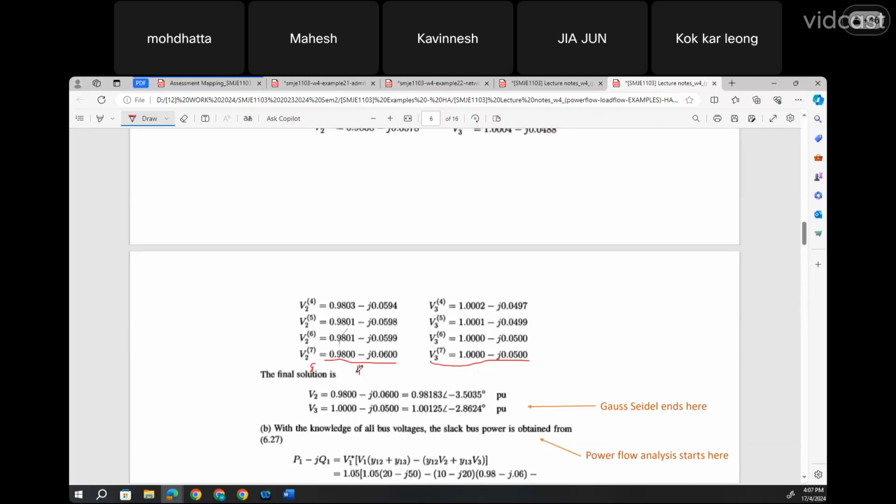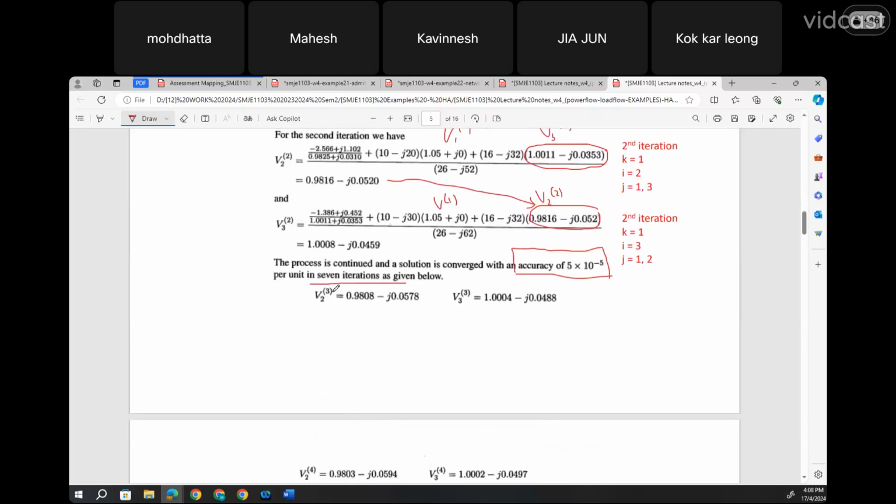In this textbook, it never mentioned that, but you can always try the 8th iteration to prove that until the 7th iteration, the solution has converged towards our specified accuracy.